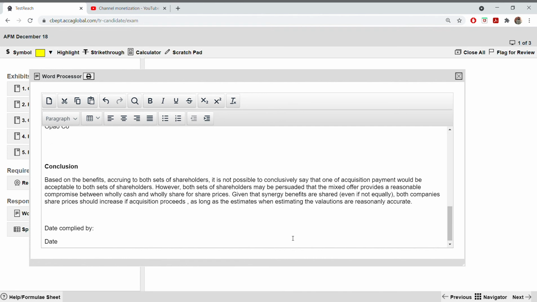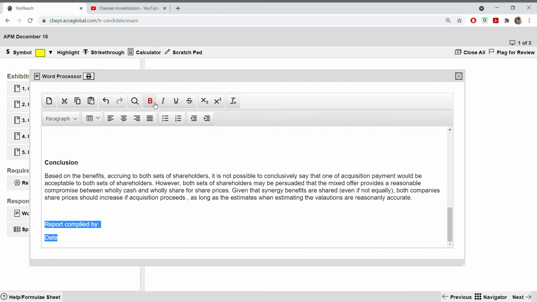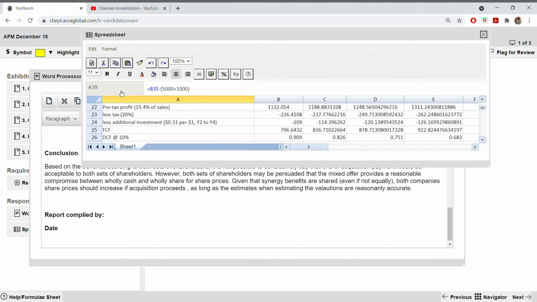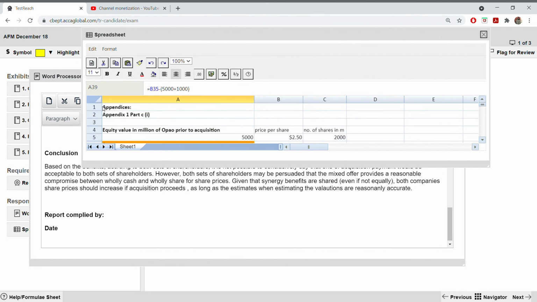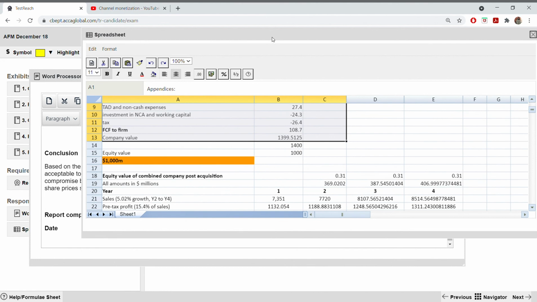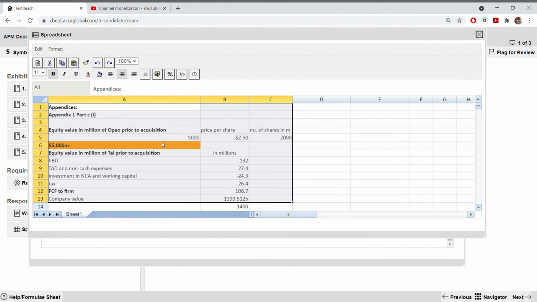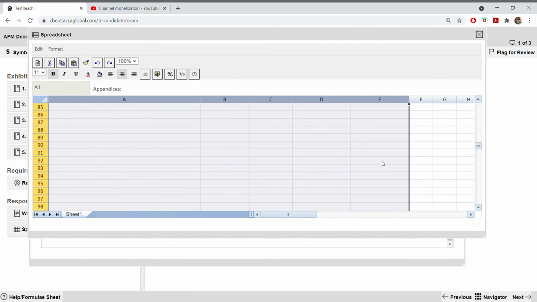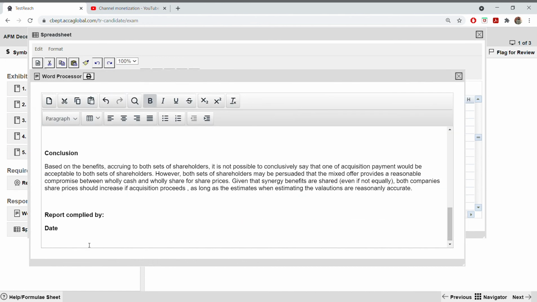Okay, next. After this, if you see the answer, it comes like this: report compiled by, and the date. Now if you want to mention something, you can just copy paste from Excel. Let's see, you want to copy from Excel and paste it here.